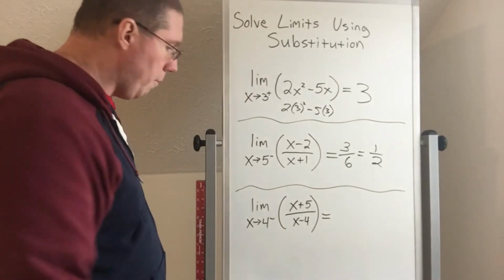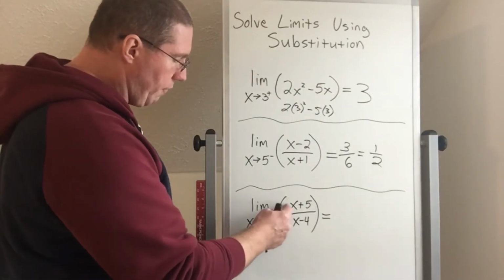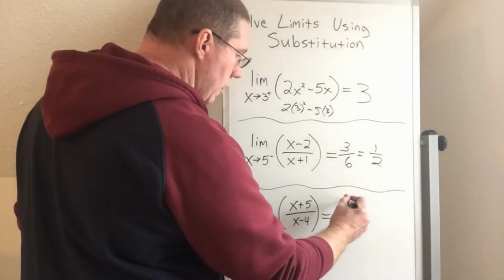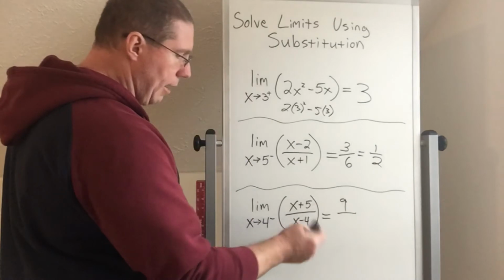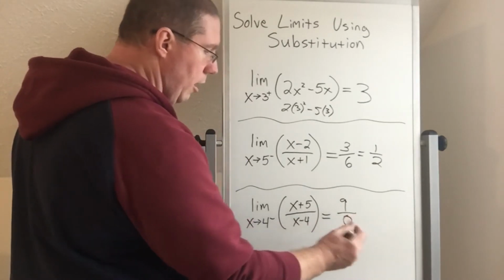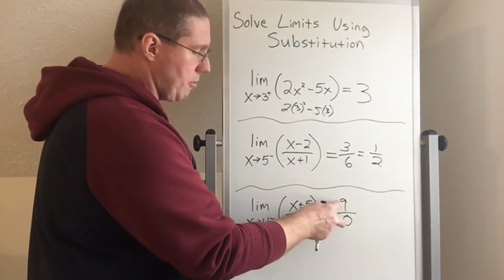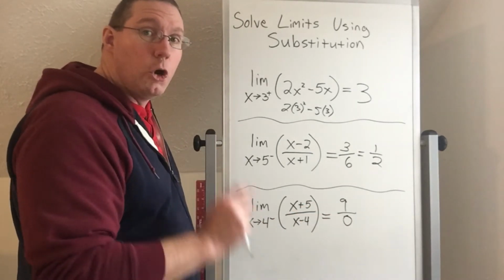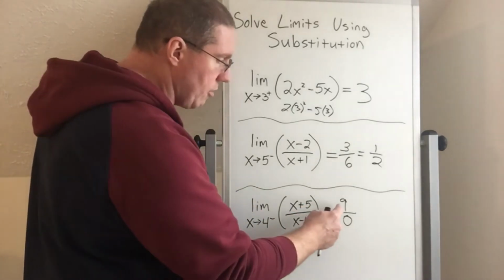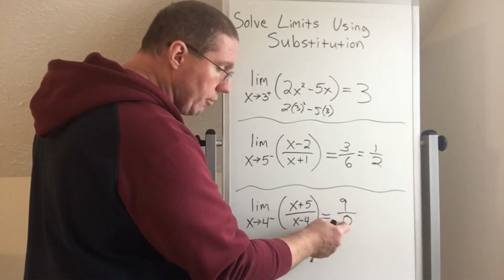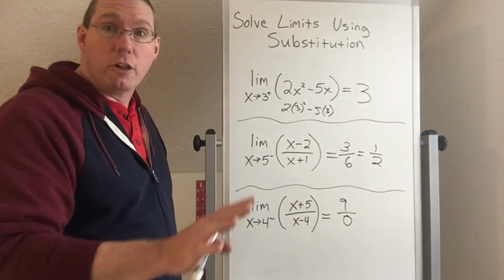All right, so we're basically just going to plug 4 in for x in both of these. 4 plus 5, that's 9, okay, over 4 minus 4, that's 0. Uh-oh, stop. Some of you are going to want to say that the answer to this is 0. It is not. Remember from your pre-calculus that anytime you have a non-zero number divided by 0, that's a vertical asymptote.